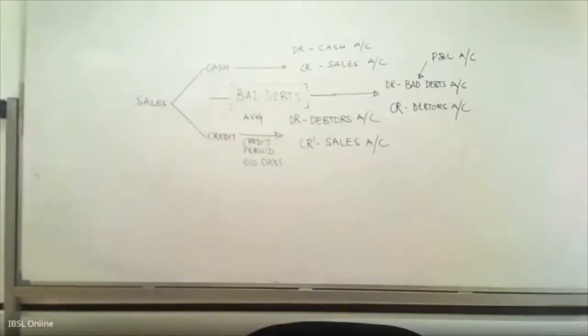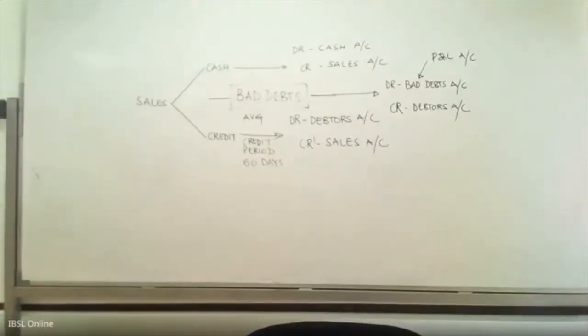So that is the account that we have been talking about under selling and distribution. Now this bad debts account will appear because it is not really an expense, but it is a loss to you, where this customer or the debtor is not going to pay you.